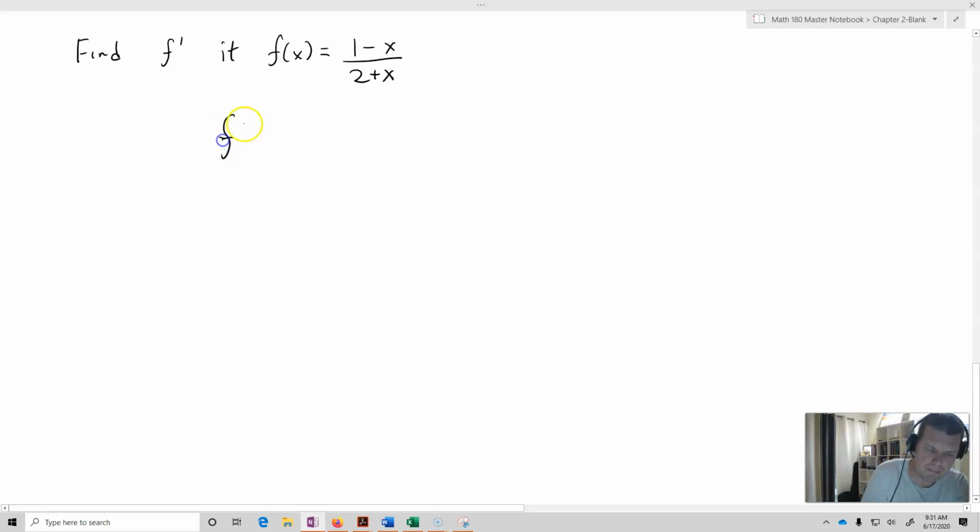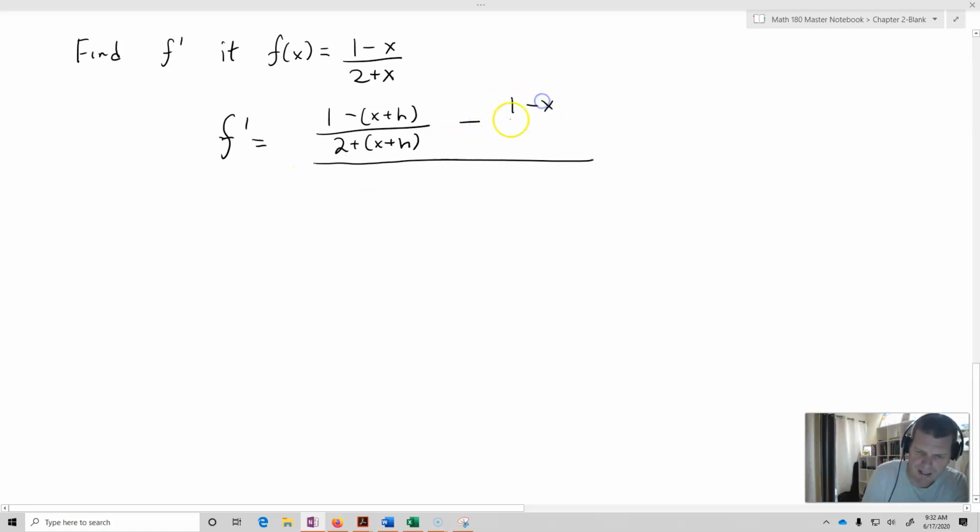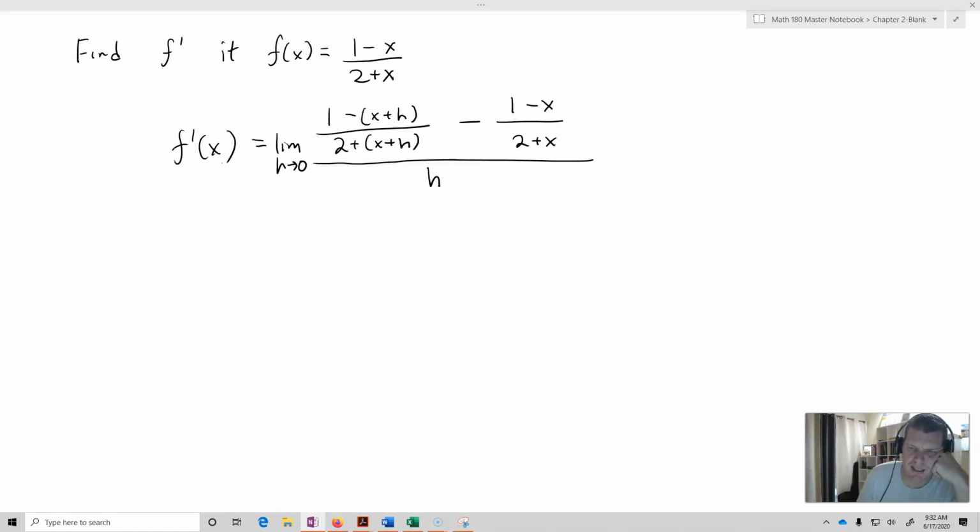So f prime of x is going to equal the limit as h approaches 0 of (1 minus (x plus h)) over (2 plus (x plus h)), that's your f of x plus h, minus (1 minus x) over (2 plus x), and then we divide that by h. We'll change this to f prime of x. Not quite ready for just f.